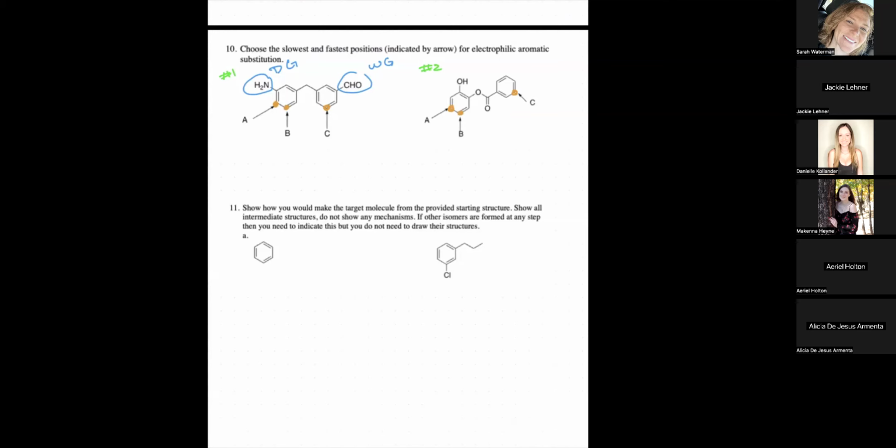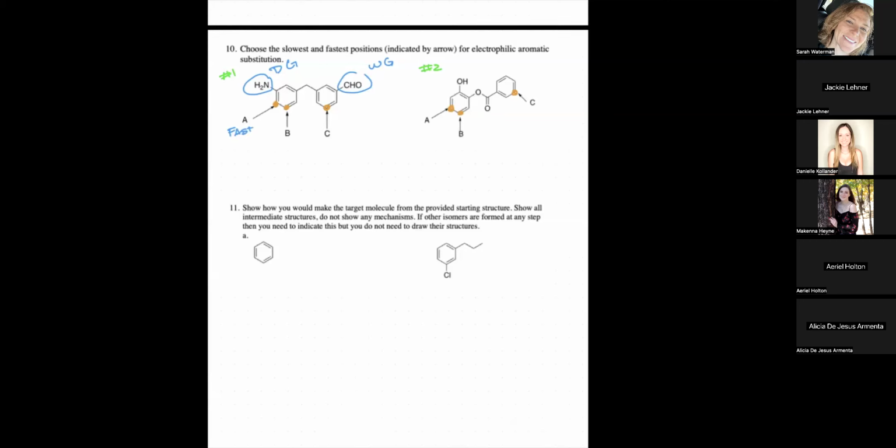So where are we going to have the fastest reactions happening? So we already know it's going to be our donating group over our withdrawing group. So if our donating group, where do we have the fastest reactions? A, ortho and para. Yeah. This one's going to be the fastest.